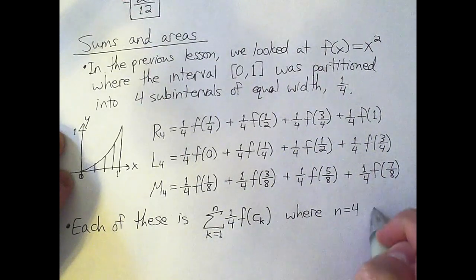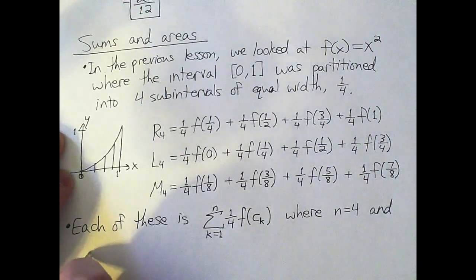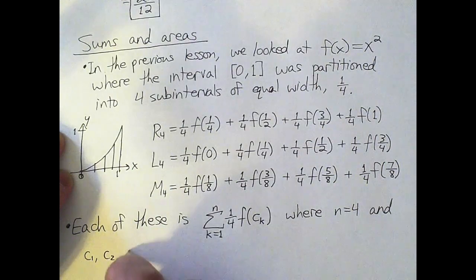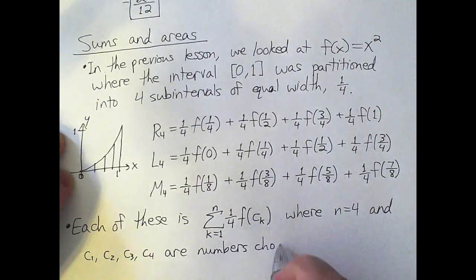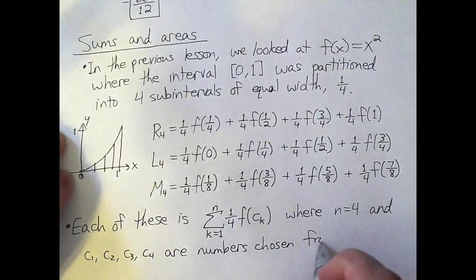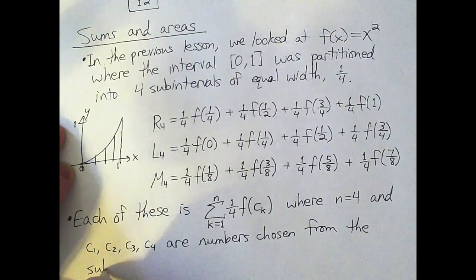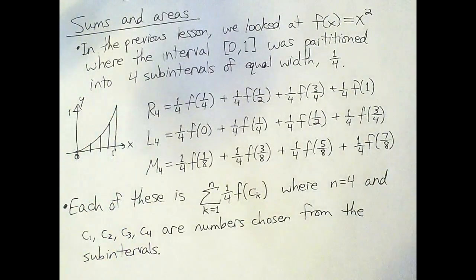where n equals 4, and c1, c2, c3, c4 are numbers chosen from the subintervals, depending on whether we wanted right endpoints, left endpoints, or midpoints.